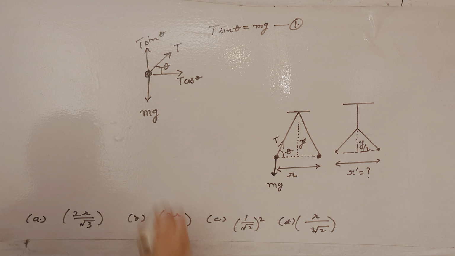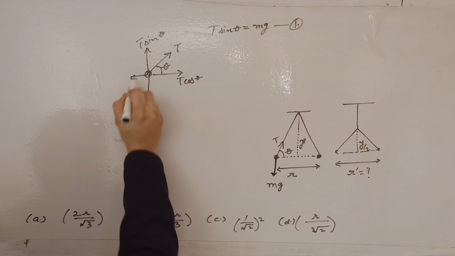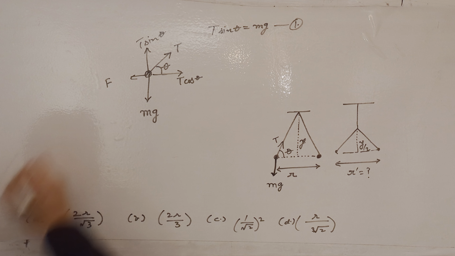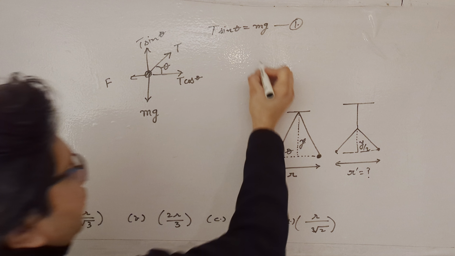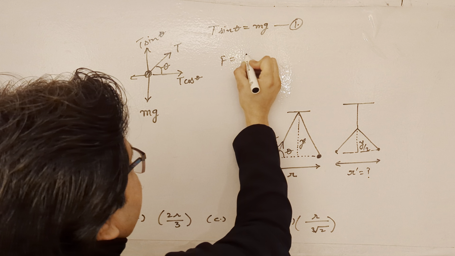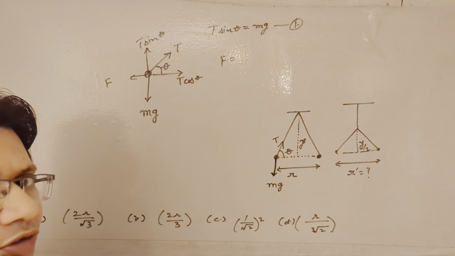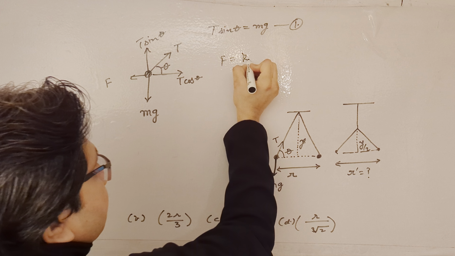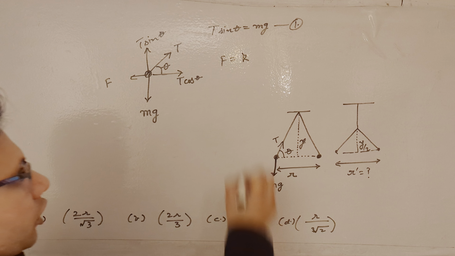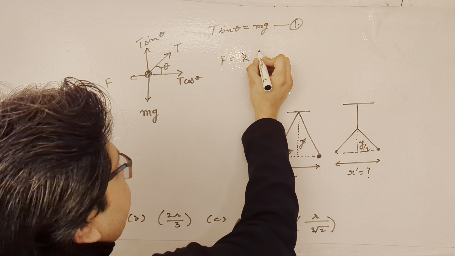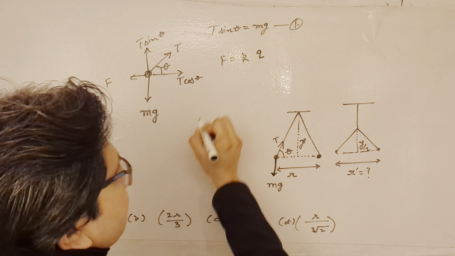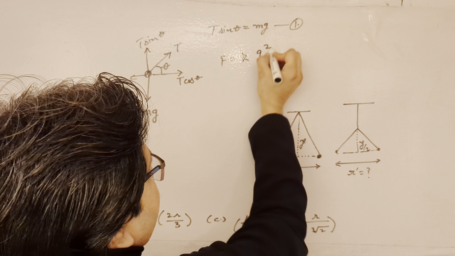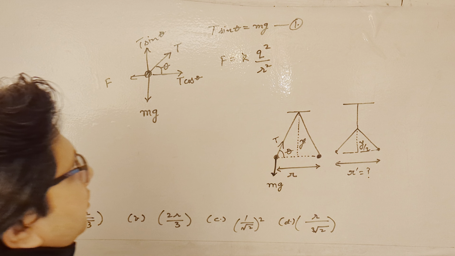And the repulsive Coulomb force between them is F, and F is given by 1 upon 4 pi epsilon naught. We can call it K in place of 1 upon 4 pi epsilon naught. So this is K times the charge squared upon the distance squared.